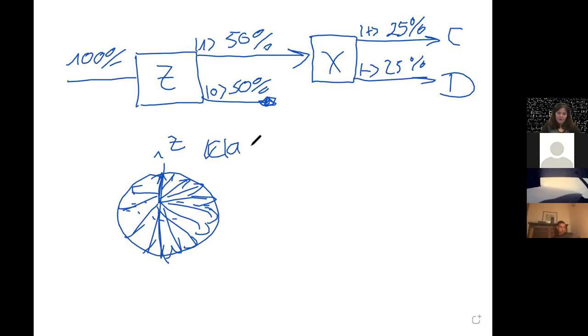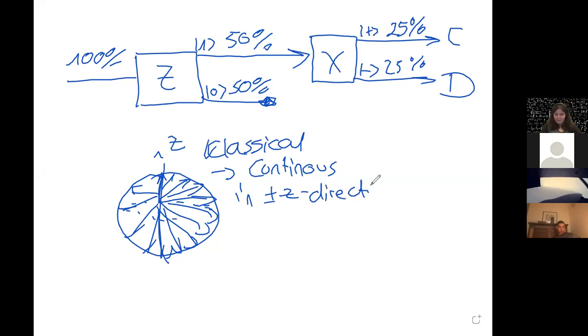Classical. But what the Stern-Gerlach experiment saw is that you only have these two values, where you can project to 1/2 and -1/2.